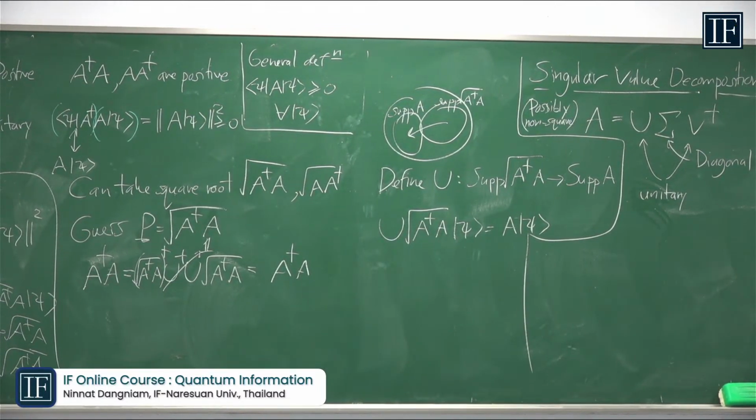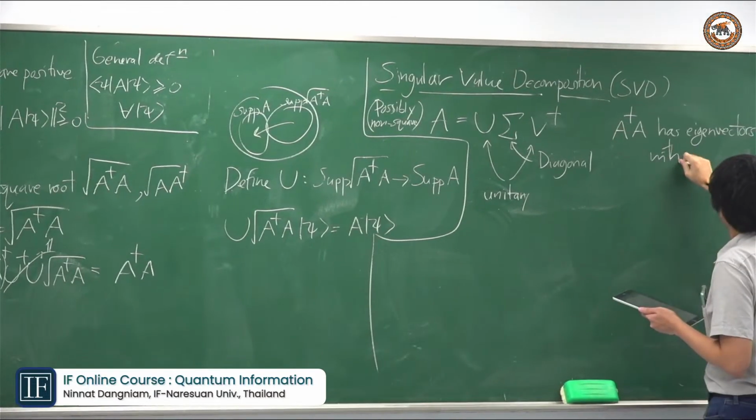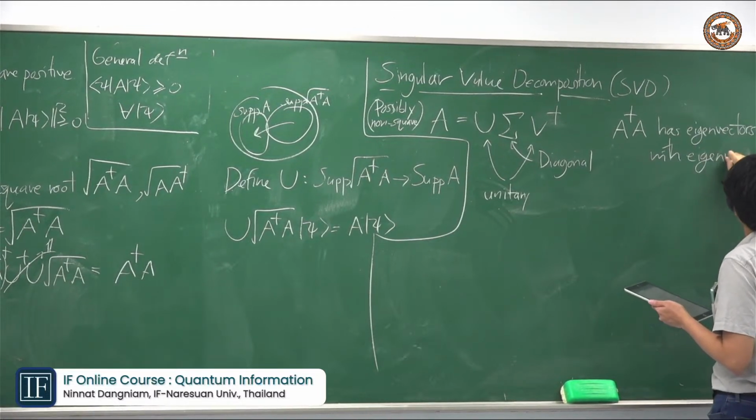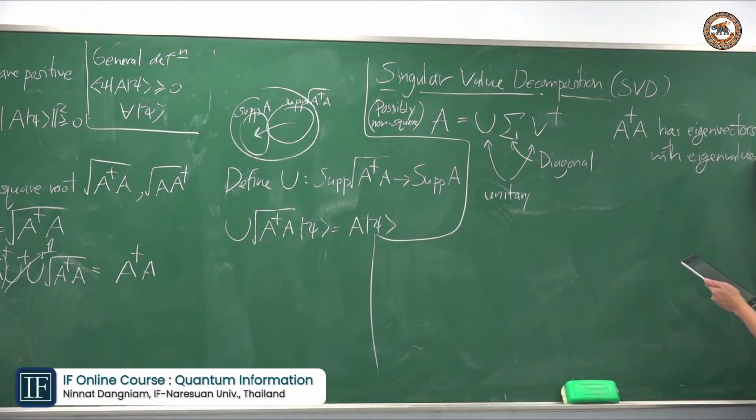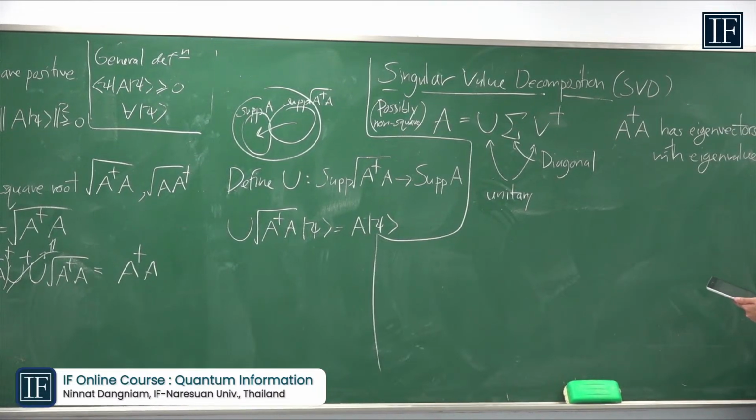So I have to give some names to the eigenvectors. Let's say A dagger A has eigenvectors E_j with eigenvalues p_j.